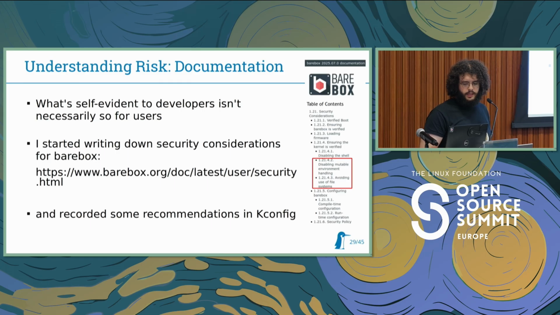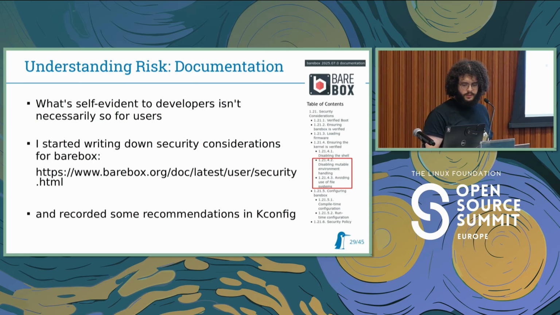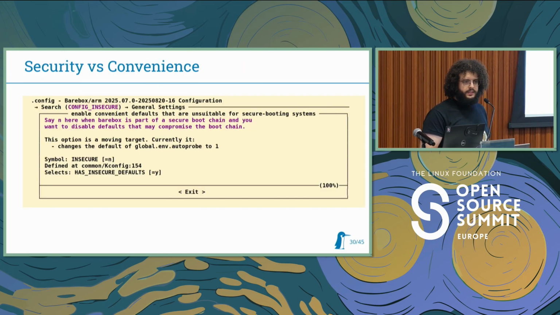And there, for example, it spells out, in that red square: don't use a mutable environment in a secure boot system, and avoid use of file systems in a secure boot system, because you are just going to shoot yourself in the foot with them. A number of these things can actually be added to Kconfig. So we have a CONFIG_INSECURE option now, which tells you if you're building a secure product, disable CONFIG_INSECURE. It won't magically make it secure, but at least it will disable this environment auto-probing.